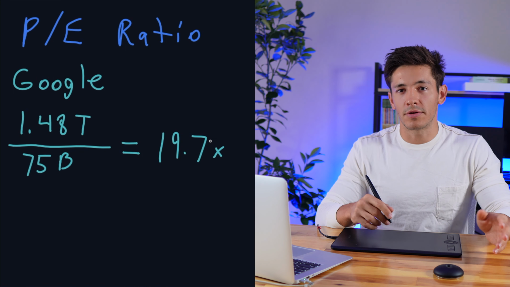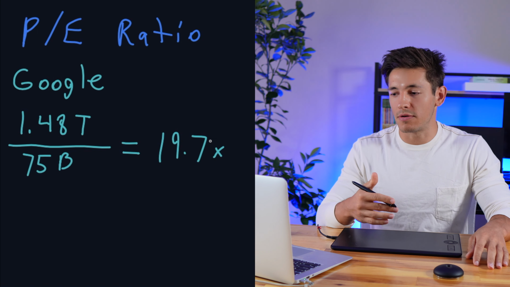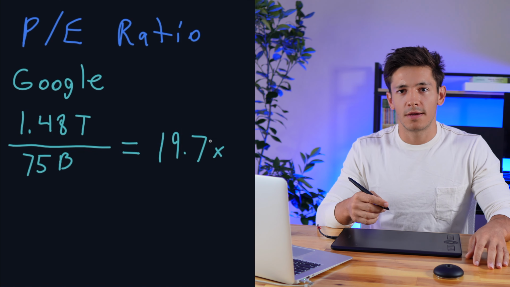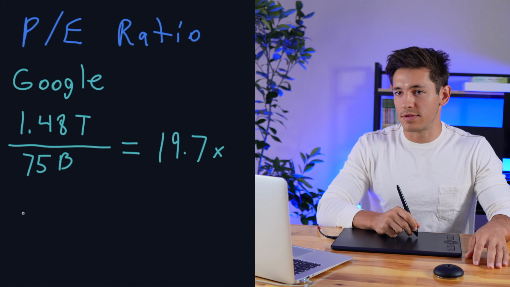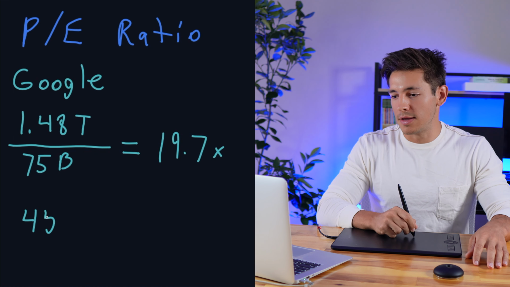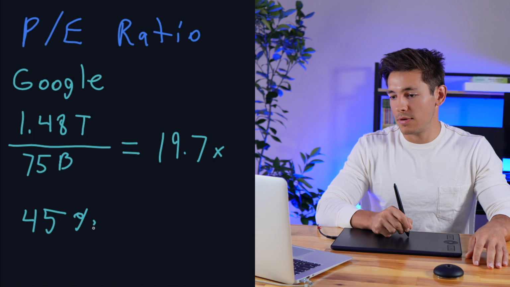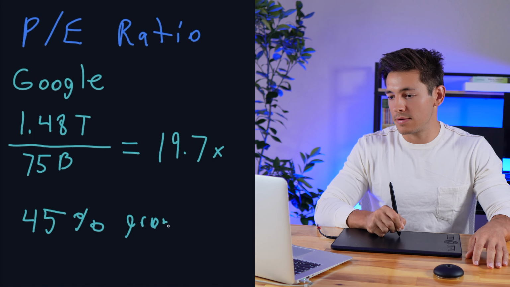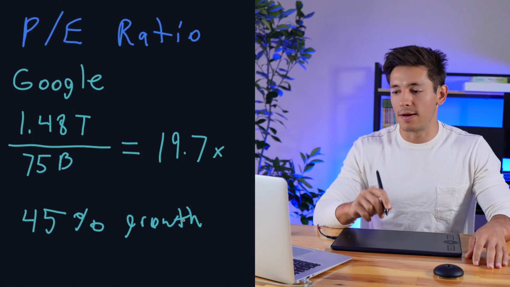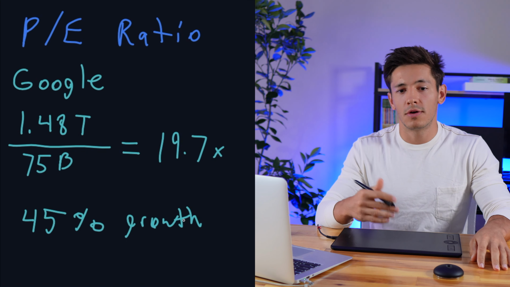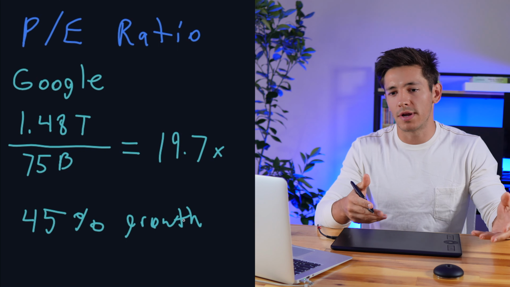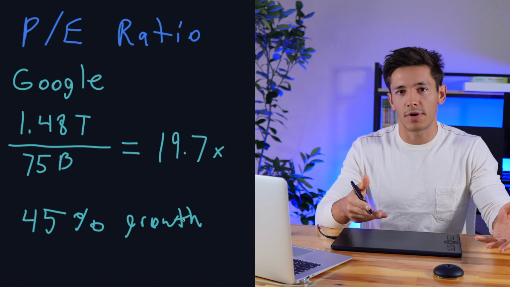Like I mentioned earlier, there are a lot of other factors that go into a PE ratio, and one of them is growth. Looking at this example, Google had a year-over-year earnings growth of 45%. That's pretty high. And usually the stock market as a whole will have a PE ratio anywhere between like 15 and about 23.